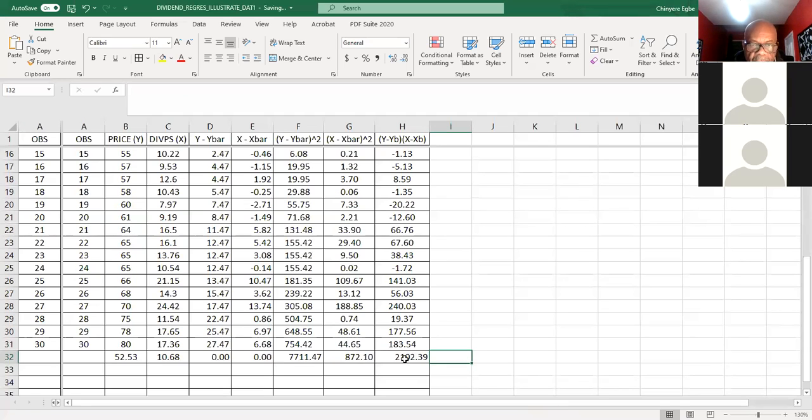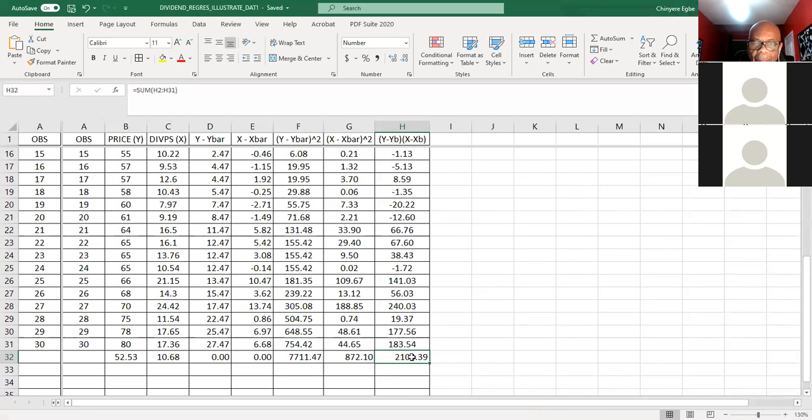Can somebody tell me? Is it 0? No. The sum of Y minus Y bar is 0. How about when you multiply Y minus Y bar times X minus X bar? It's not 0. See, this is why I'm saying you're not paying attention.